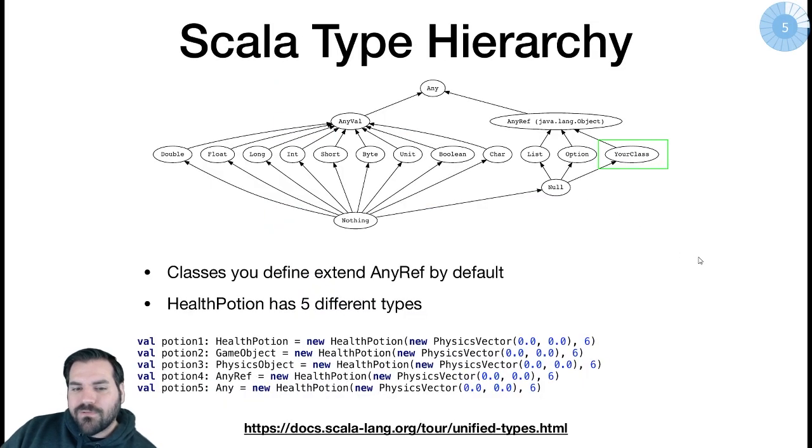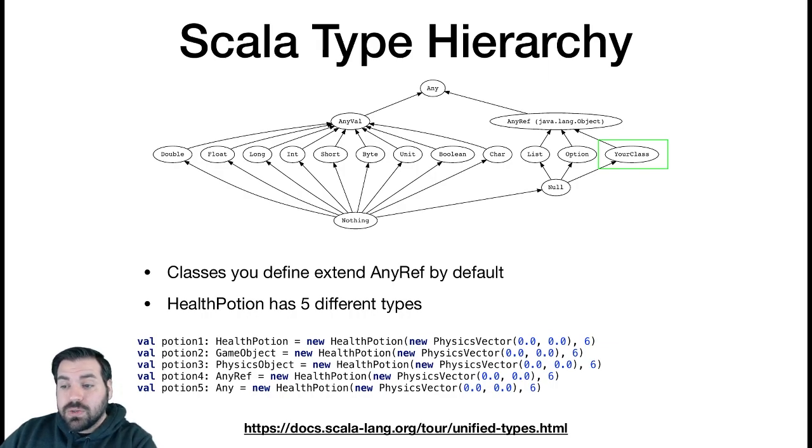So it is all 5 of those types simultaneously. Any HealthPotion can be stored in any of these 5 variable types. If I have a method that takes a PhysicsObject, I can pass a HealthPotion to that method because a HealthPotion is a PhysicsObject. It really is, because it inherits all of that functionality, and it can behave and masquerade exactly as a PhysicsObject.